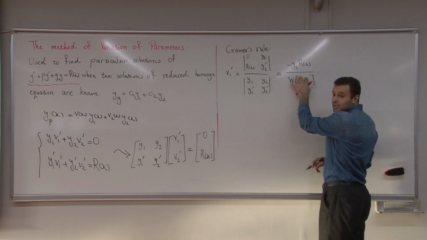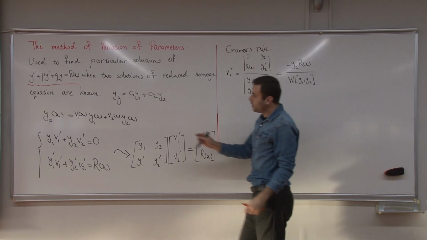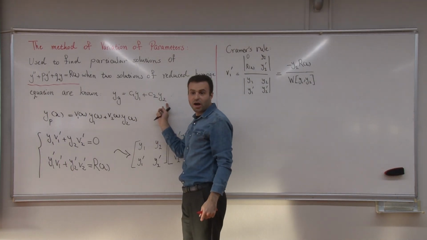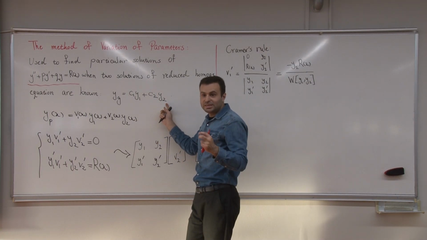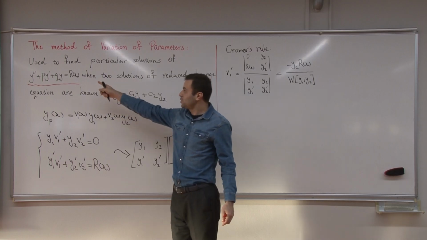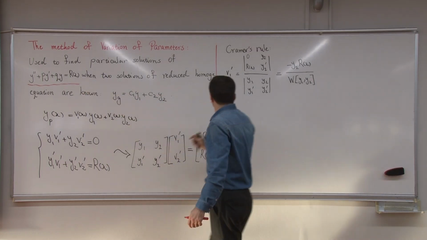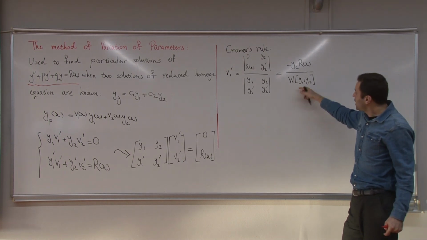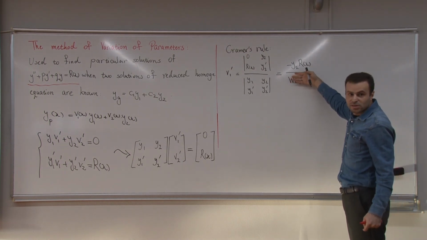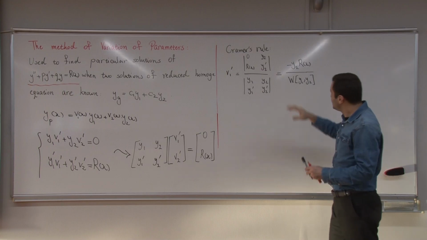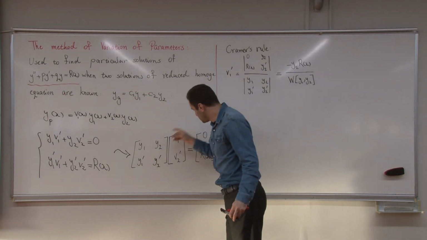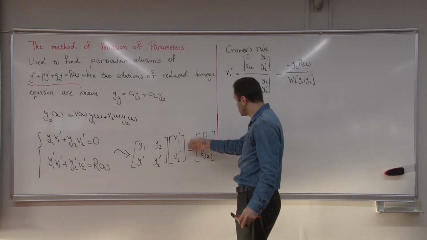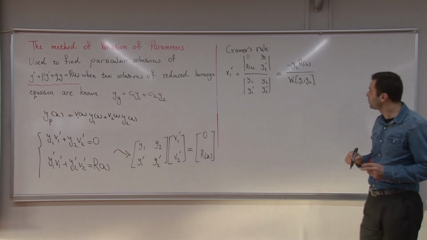This is not equal to 0, because y1 and y2 are two linearly independent solutions of the homogeneous equation. This means the Wronskian is never going to be equal to 0, which means that, yes, I can solve this system of equations. It has a unique solution, okay?